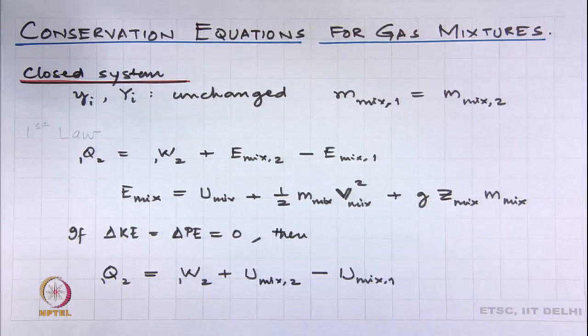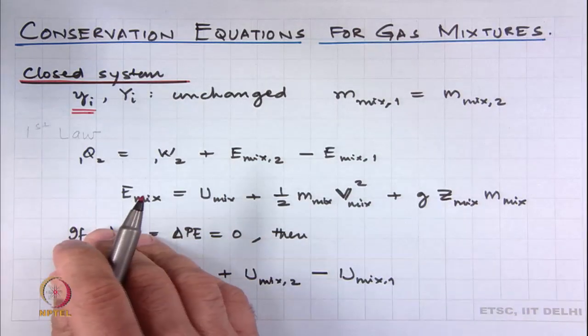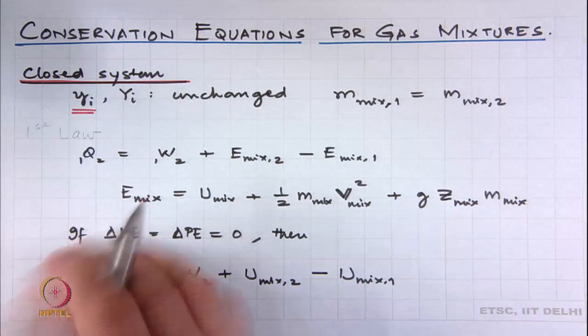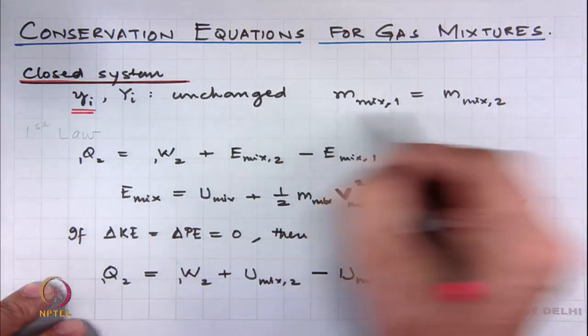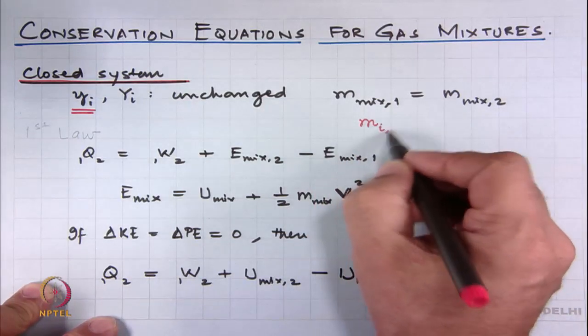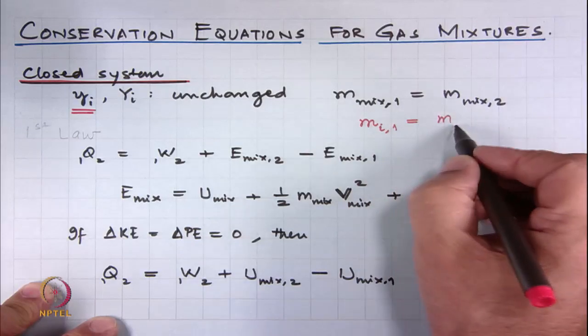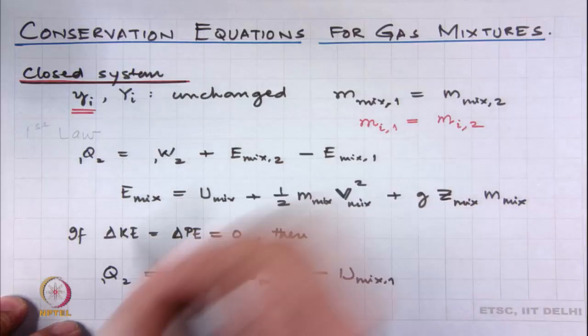So, what it means is that there is no mass inflow or outflow, and mass means in this case not just mixture mass, but no species is coming in or going out. Which means that during a process or for a given system, the mixture mass remains constant, and also the mass of the ith component in state 1 will be equal to the mass of the ith component in state 2.